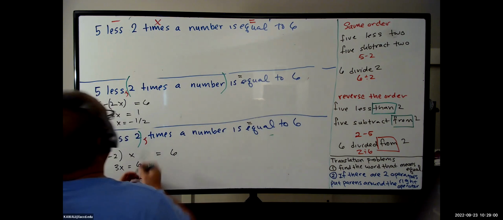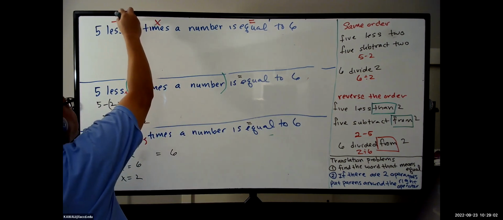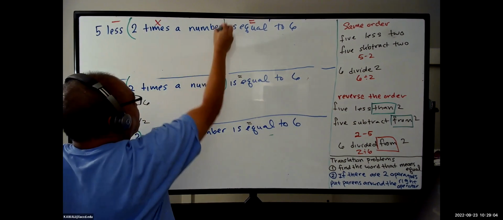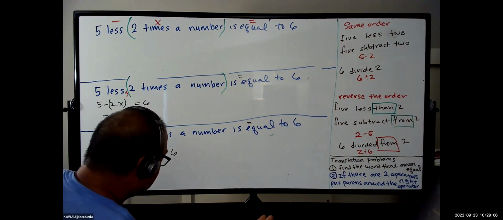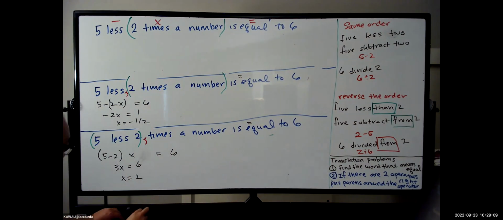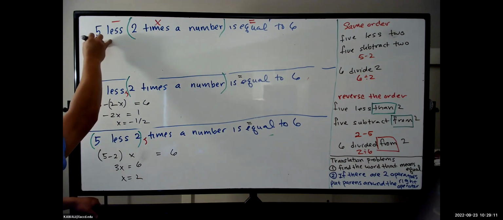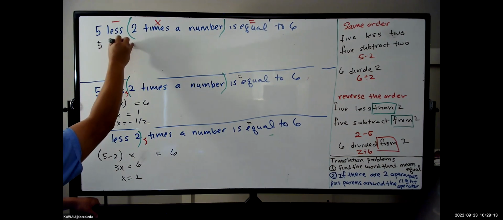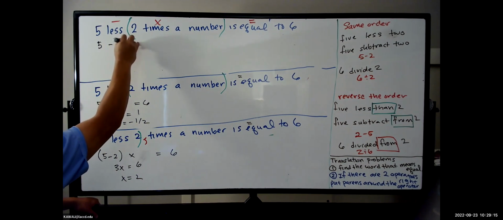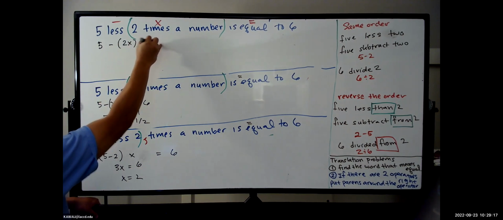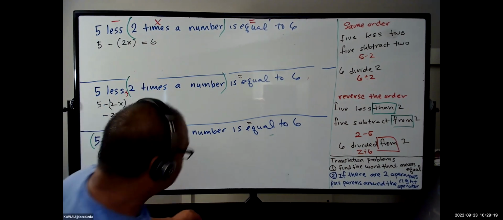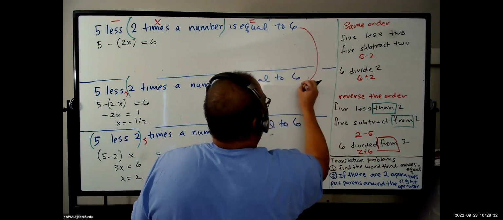You always do the rightmost operator first. So this turns into 5 minus 2x equal to 6.